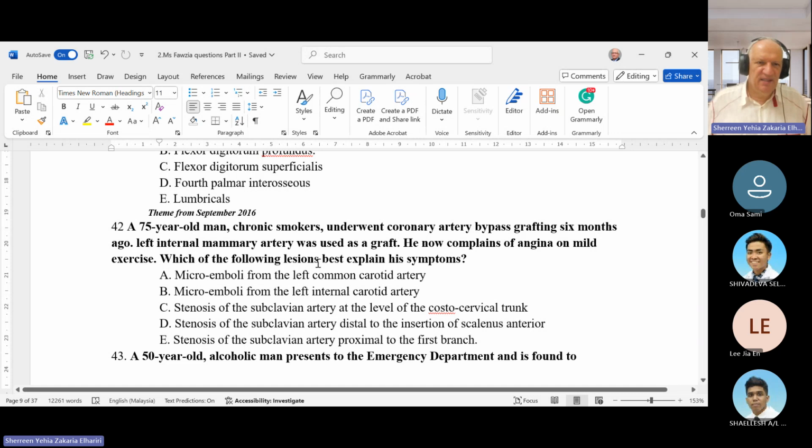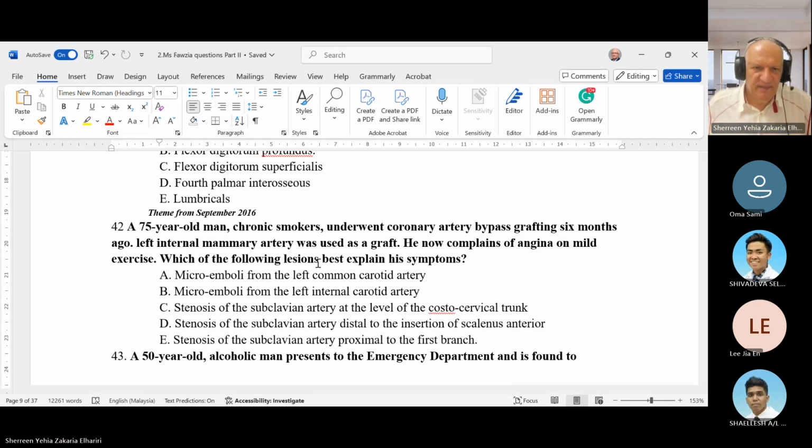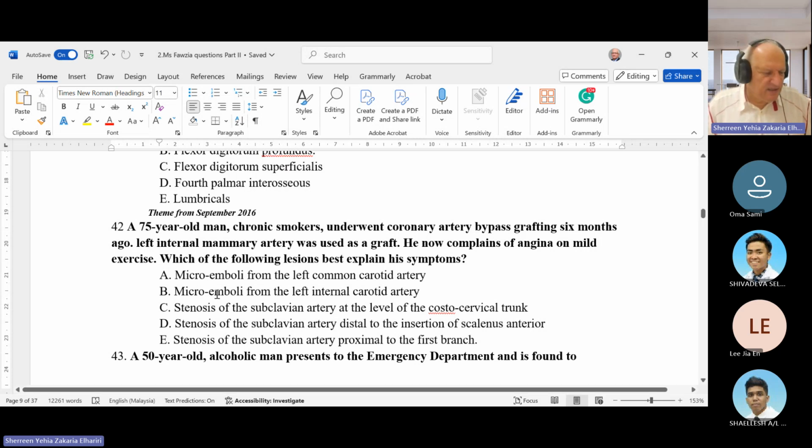Of course, again, we know that the internal mammary is a branch from the subclavian. And we take it, we don't cut it from the subclavian, we leave it attached to the subclavian. We just take the distal end to be inserted in the heart. In the answer sheet, I put a picture for that. So if the patient has angina due to any effort, most probably it is stenosis in the subclavian. But at which level?